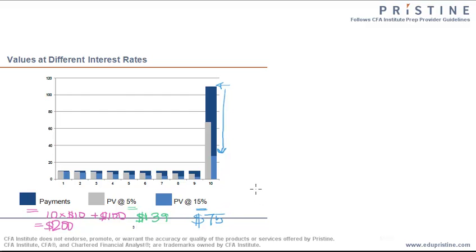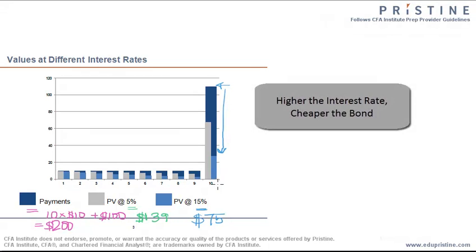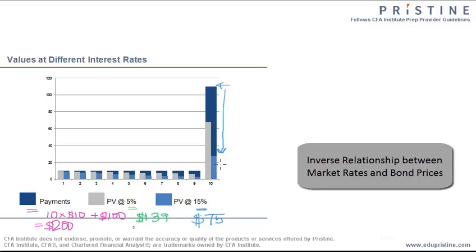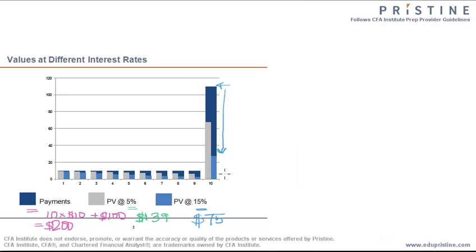The main takeaway is the higher the interest rate, the cheaper the bond. This is basically the inverse relationship between market yields and bond prices. In this slide, we talk about three interest rates: 5%, 15%, and 0%.